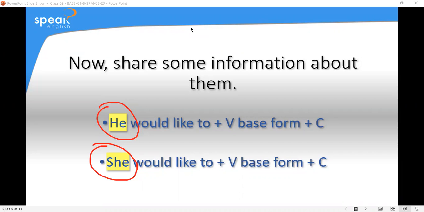Miguel Ángel. Would you like to cook every day? Very good. Marina?